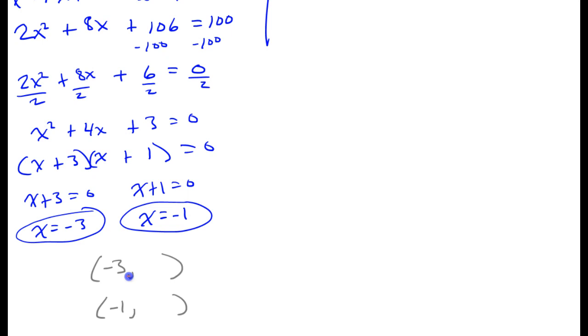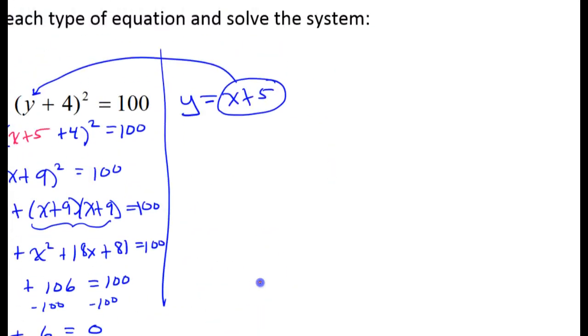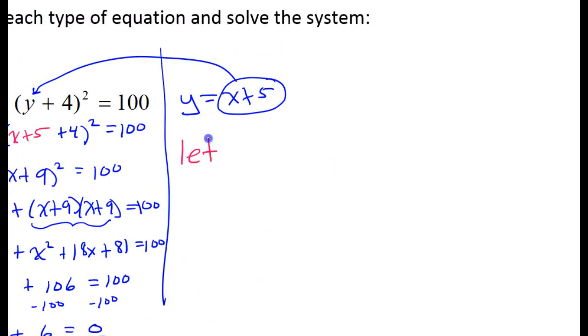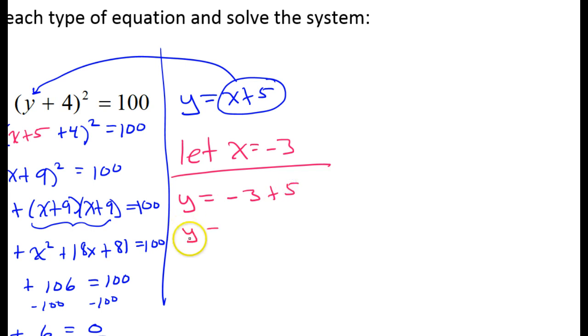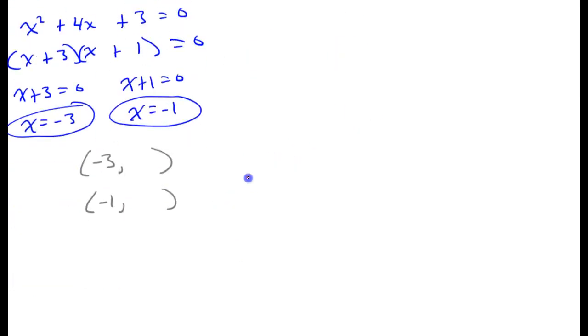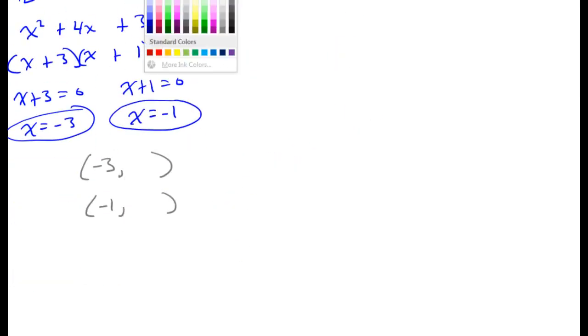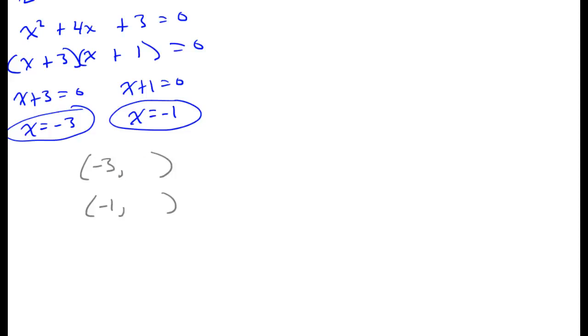Let's see. So let's start with the negative 3. Let's let x equal negative 3 and see what happens. So then we'll have y is equal to negative 3 plus 5. So y is equal to 2. So when x is negative 3, y is 2. So that gives us the point negative 3 comma 2. Now let's let x equal negative 1.